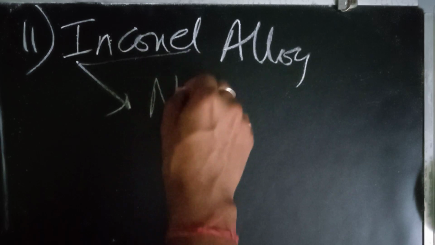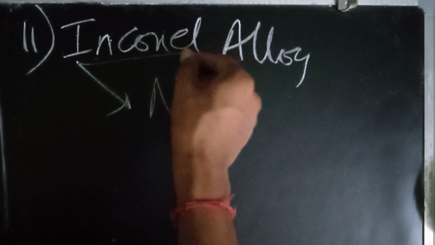11th question was Inconel alloy. What is the major constituent element in this? And that was nickel. Inconel nickel, Inconel nickel. I hope this sounds quite the same, so I hope you will now never forget it.